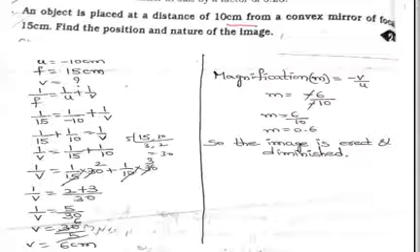Now we know rule 1. In convex mirror we discussed 3 rules: rule 1, rule 2, rule 3. What is rule 1? A ray traveling parallel to the principal axis falls on the convex mirror, and after reflecting it is diverging.